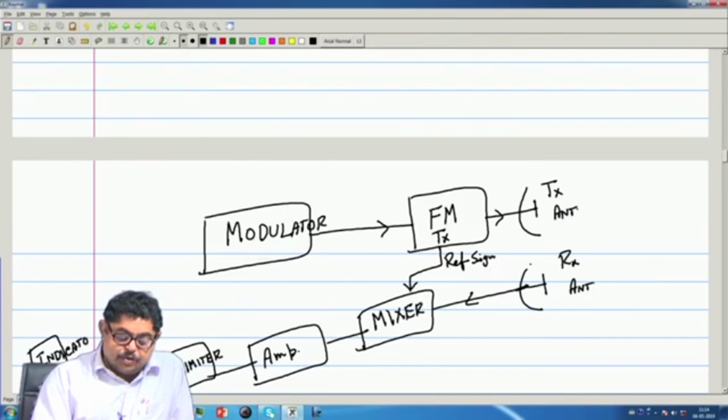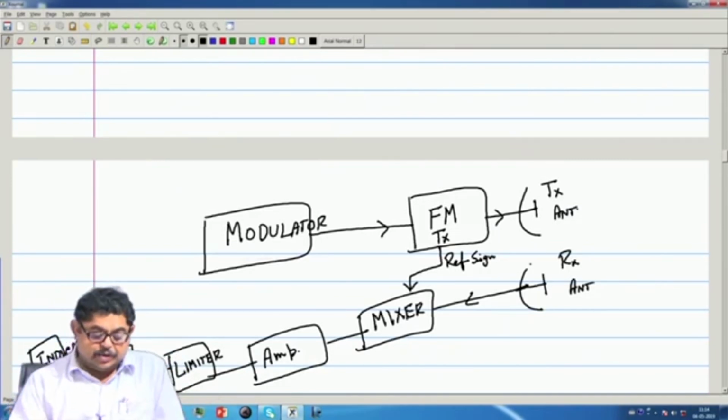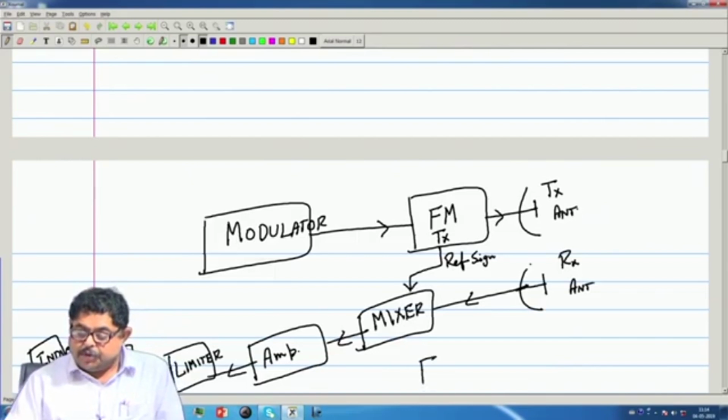It will tell you the range, because the indicator will have that mapping. So, this is the block diagram of an FMCW radar.